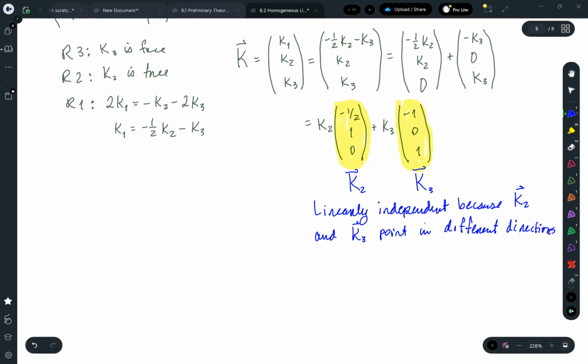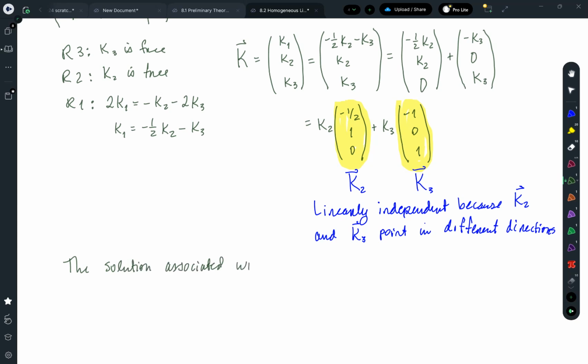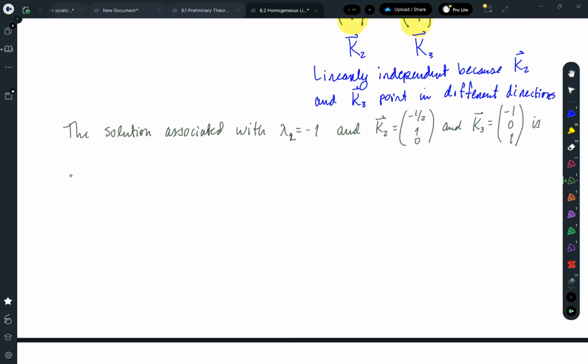Okay, so here's what we got. The solution associated with lambda 2 equal to negative 1, and K2 equal to a negative 1/2, 1, 0, and K3 equal to a vector with negative 1, 0, 1, is x2, which is a vector equal to e to the minus t times a negative 1/2, a 1, and a 0.